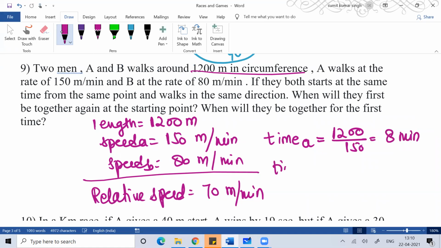The time taken by B to complete one revolution is 1200 by 80, which is 15 minutes.